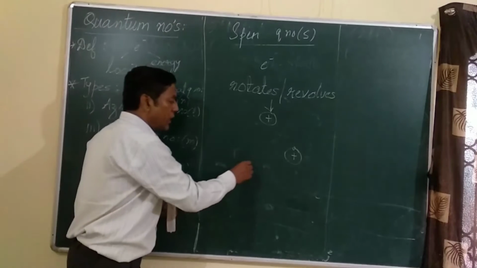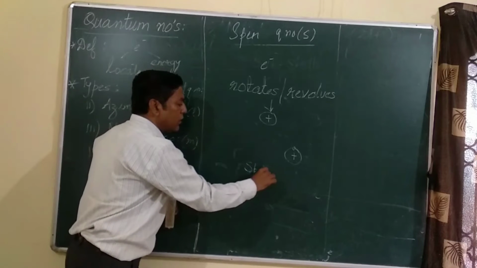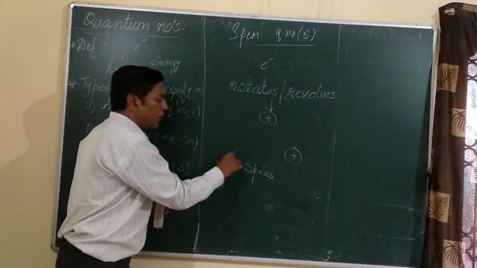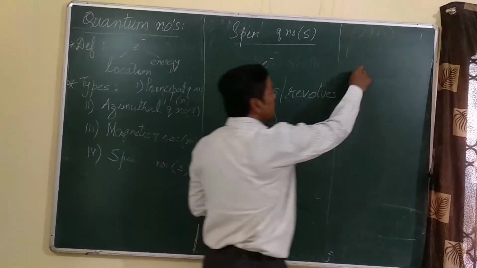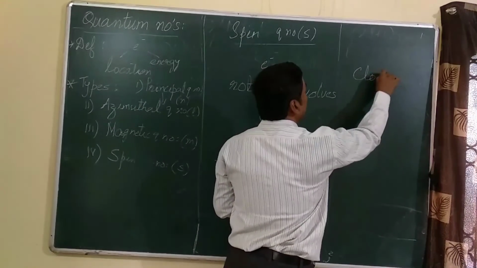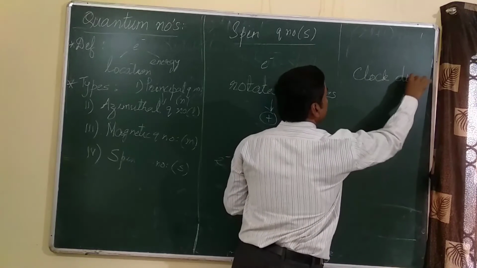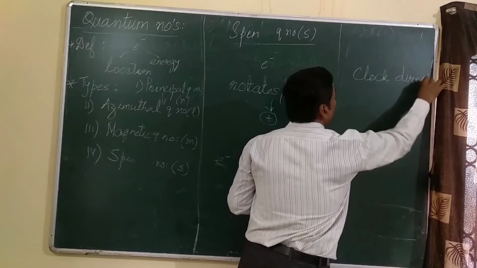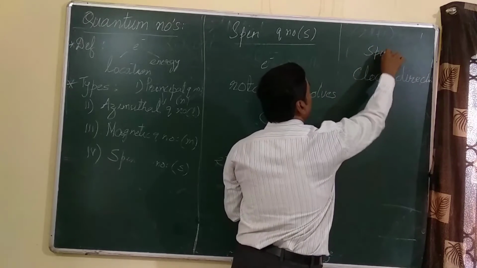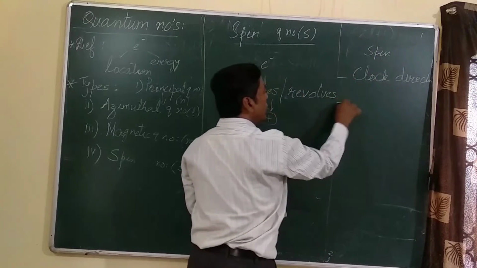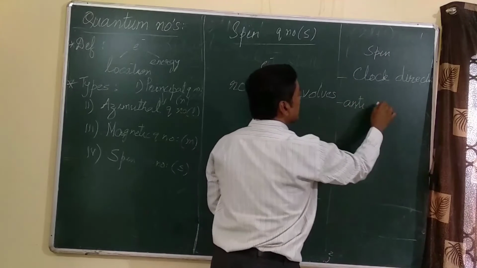Then the second point, we are talking about the spins, and here we said that the electron can spin in two directions, either in the clockwise direction or in the anti-clockwise direction. So these are the two, anti-clockwise direction or the clockwise direction.